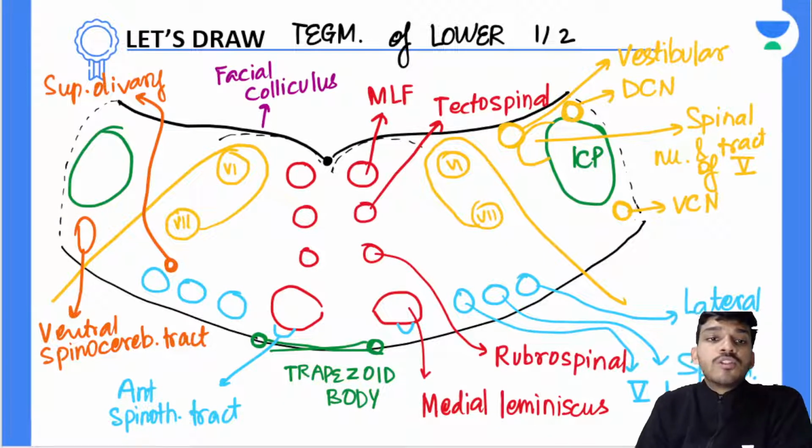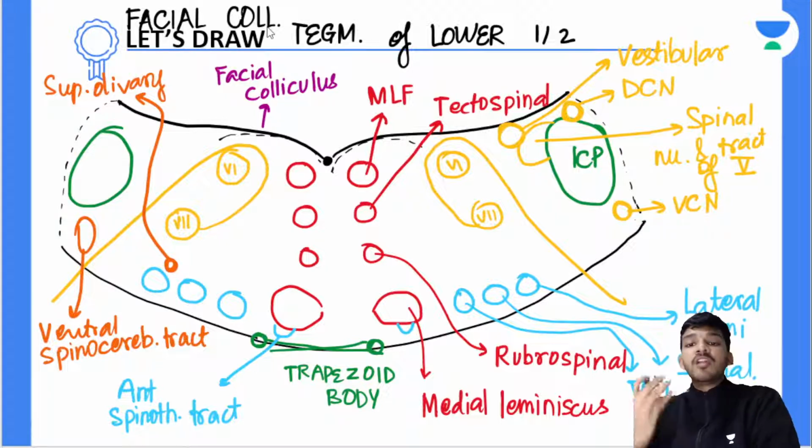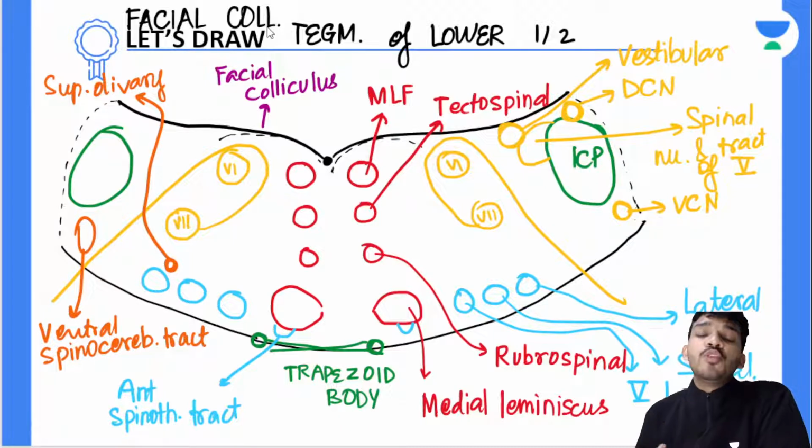This is also called the section at the level of the facial colliculus. Remember here we are drawing the facial colliculus. You can also write at the level of the abducens nuclei.